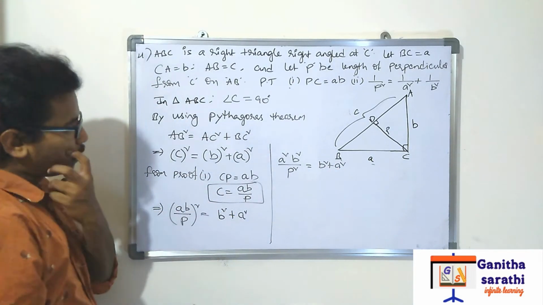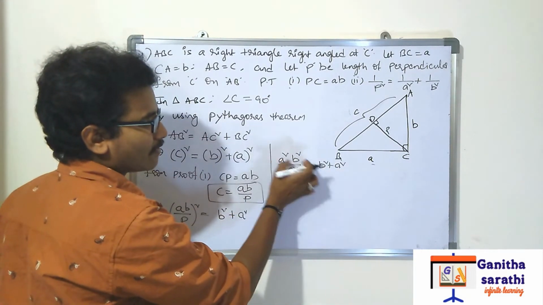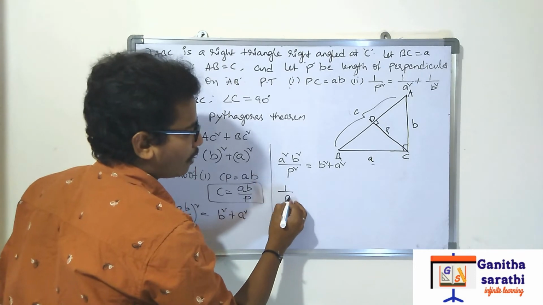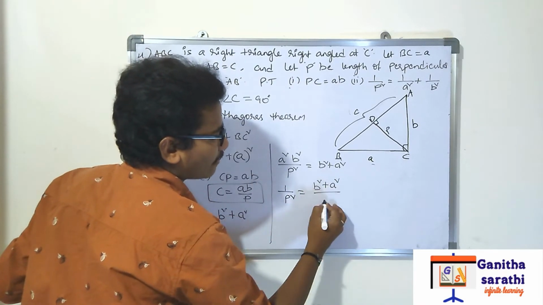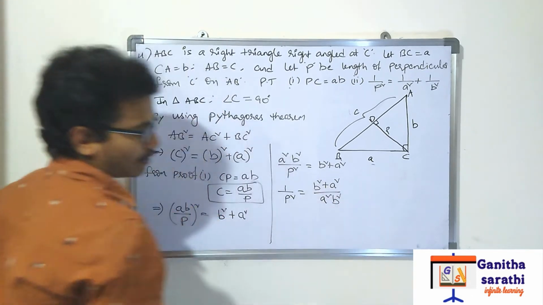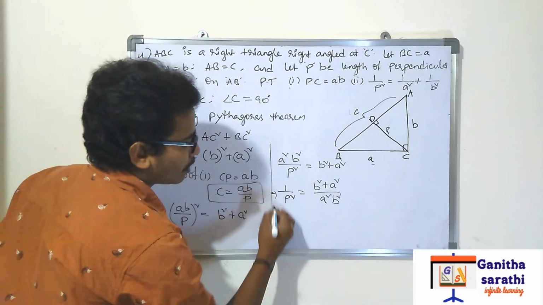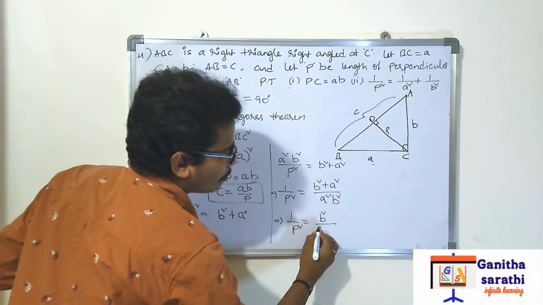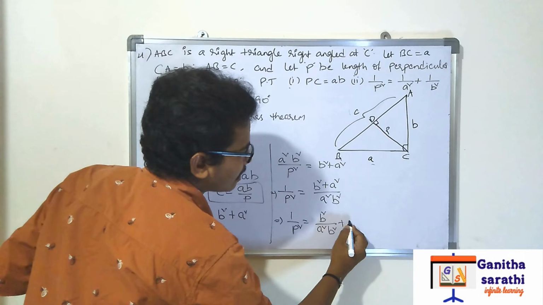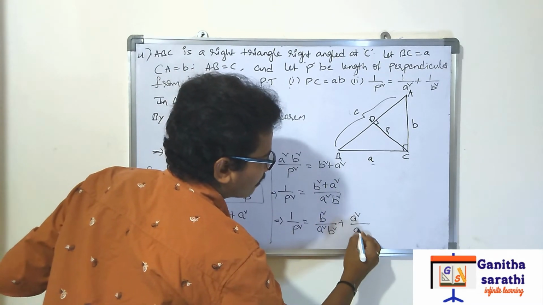Now do cross multiplication. Make a square b square go to this side. So 1 by P square is equal to b square plus a square by a square b square. Now separate this: b square by a square b square plus a square by a square b square.